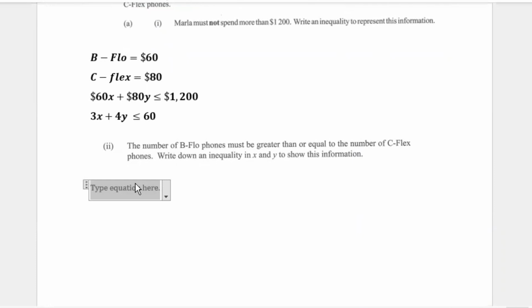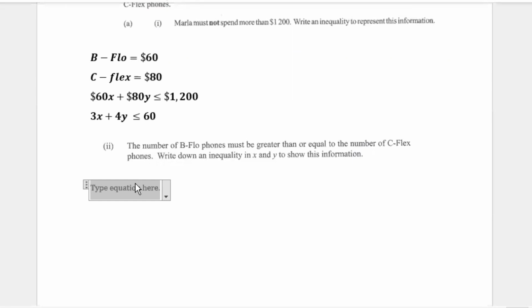Part 2 now says the number of B Flow phones must be greater than or equal to the number of C Flex phones. Write down an inequality in terms of X and Y to show this information.